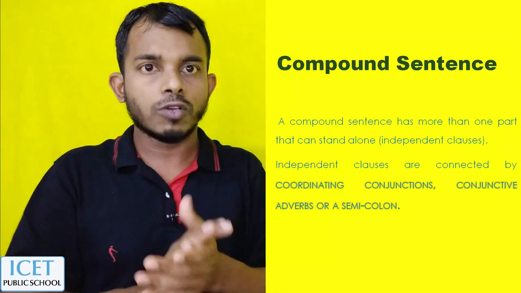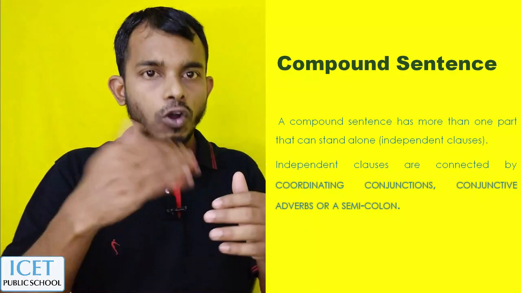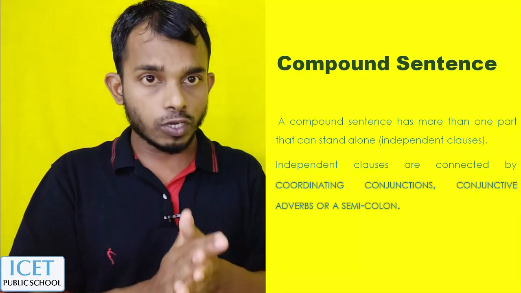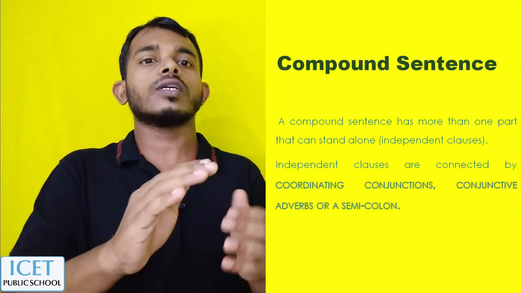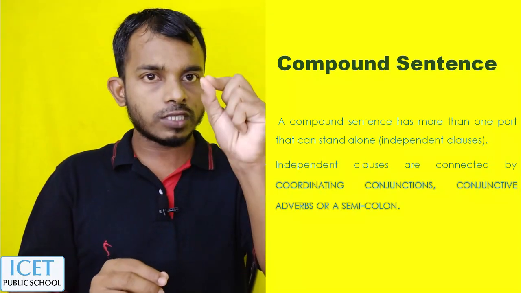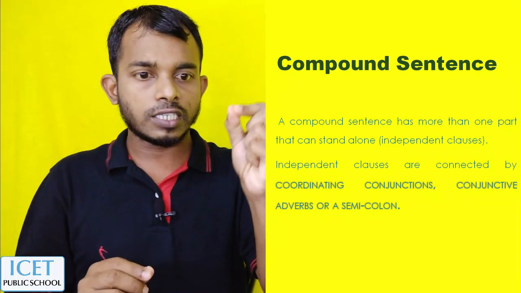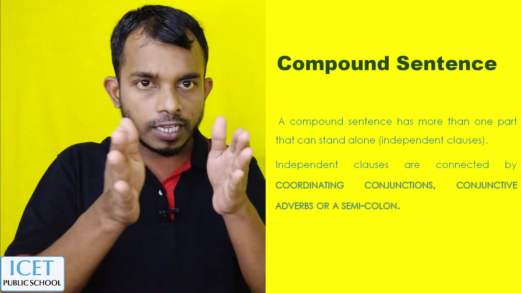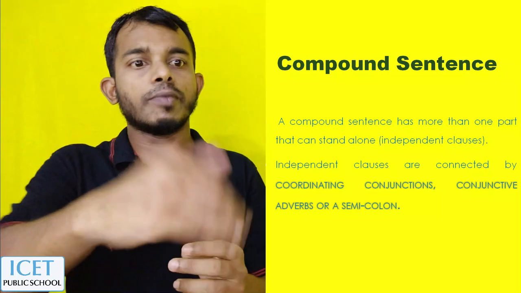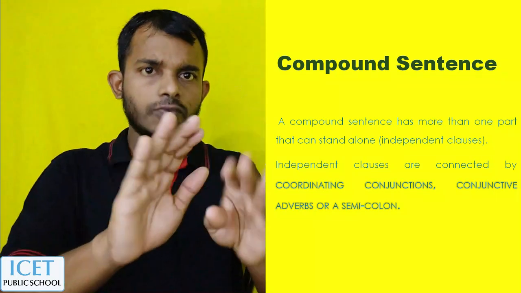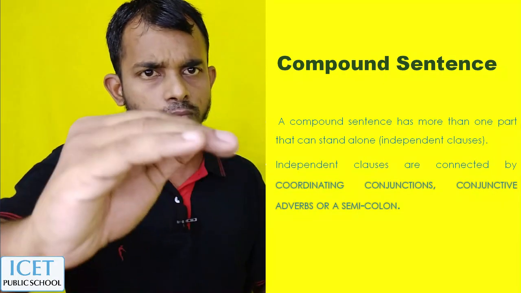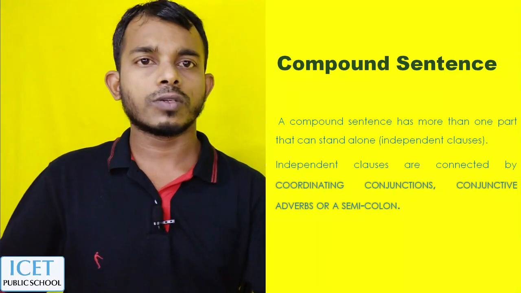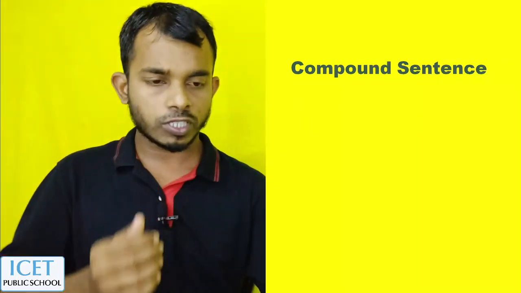I will explain what the coordinating conjunctions and conjunctive adverbs are. Using a semicolon, conjunctive adverb or coordinating conjunction, we can connect two sentences and make a compound sentence. Don't worry, with examples I will make it very simple.